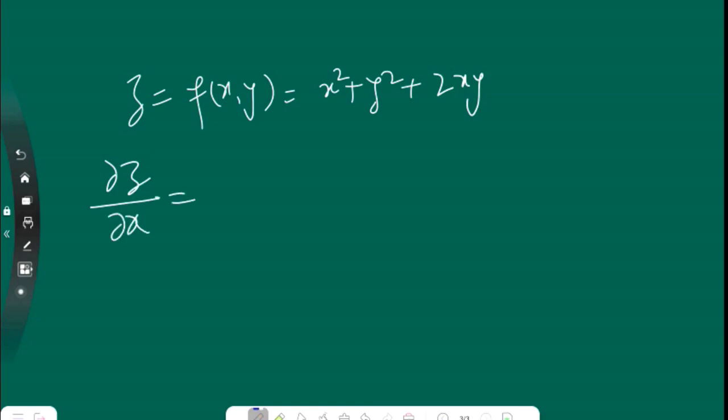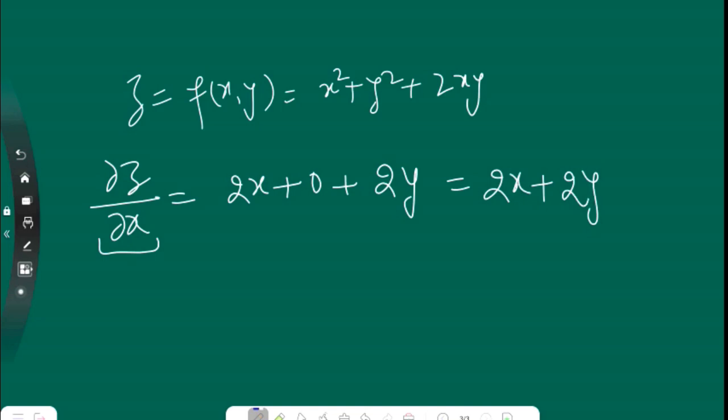Now remember that when we differentiate one variable, the other one remains constant. In this case, we are differentiating with x. Now y is constant. So differentiation of x square is 2x and y square is constant, hence it is 0. And now the differentiation of 2xy is 2y, because y is a constant. So it remains 2x plus 2y, or we can write it as 2(x plus y).